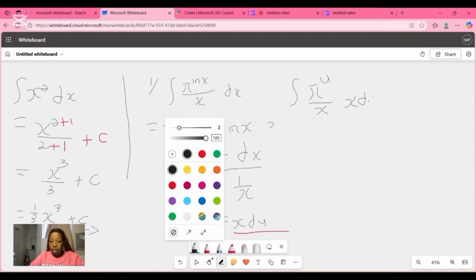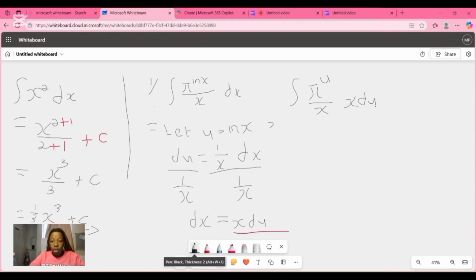So x is going to cancel x, and then we'll be left with pi to the exponent u.